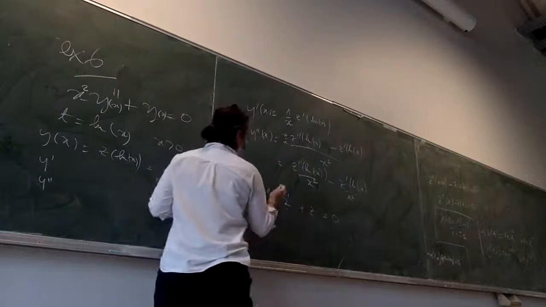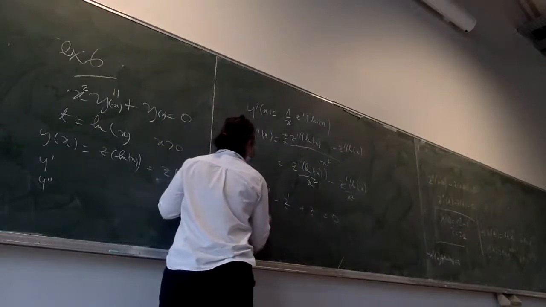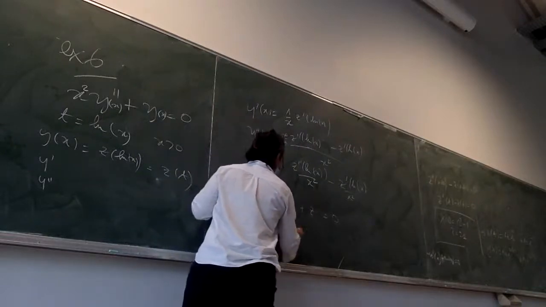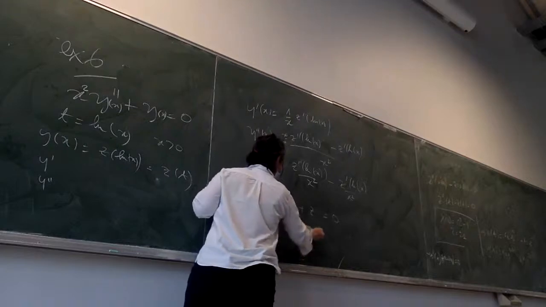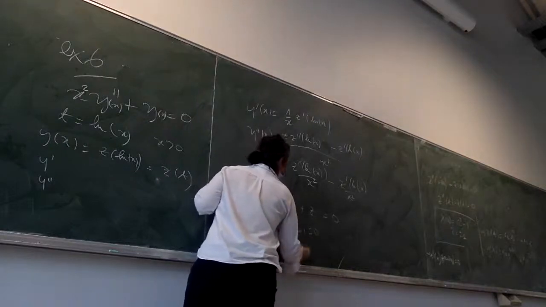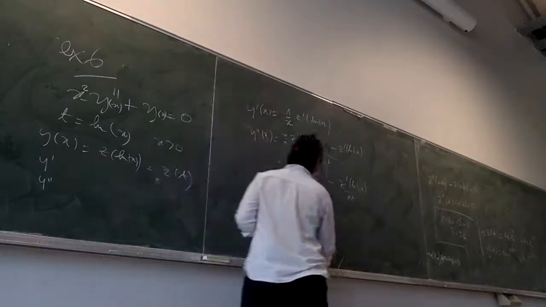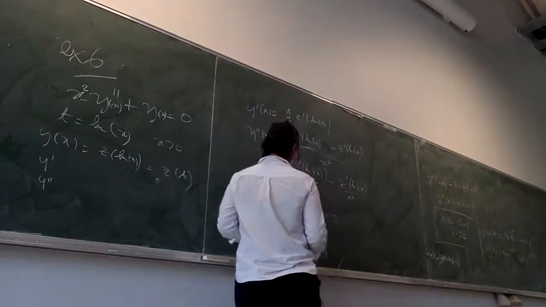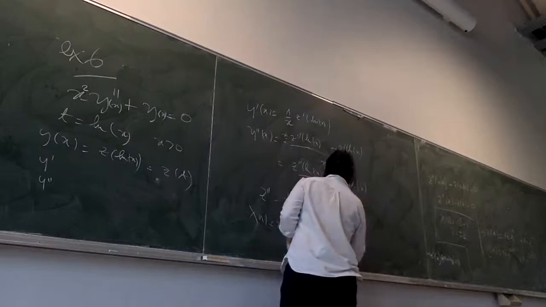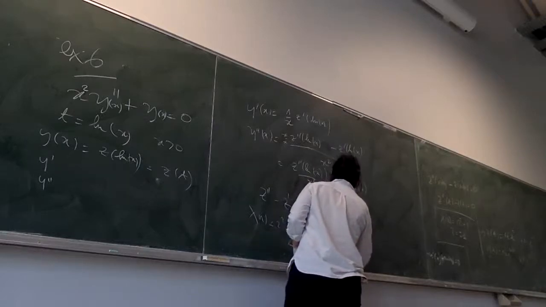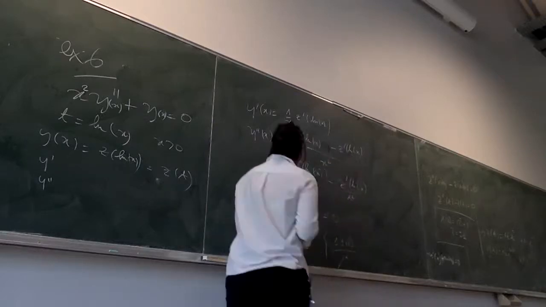You do the characteristic equation, r squared minus r plus 1 is equal to 0, discriminant minus 3. So you get complex roots: 1 plus or minus i square root of 3 over 2.